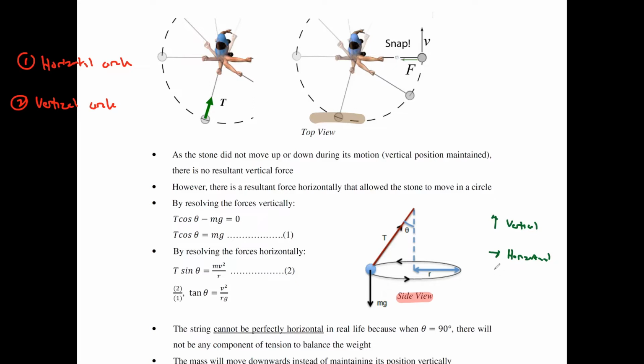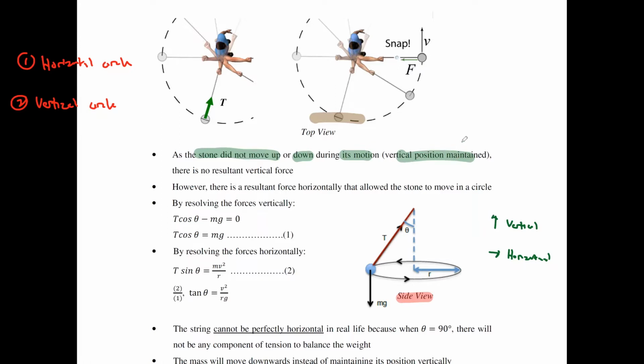Now, when you are swinging the stone so that it moves in a circle, it was mentioned earlier that your stone was moving in a horizontal circle. So your stone actually did not move up or down during the motion. Its vertical position was maintained.